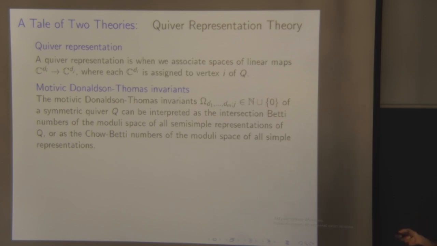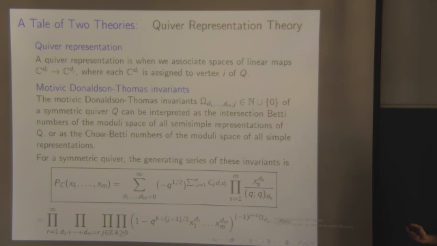So this question posed by Pedram some moments ago, the combinatorial interpretation of these motivic DT invariants associated to the symmetric quiver, can be understood as the Betti numbers of the moduli space of semi-simple representations of Q, or as the Chow-Betti numbers of the moduli space of all simple representations. You don't really need to know all that. It's a mouthful, but the important punchline here is this second formula.